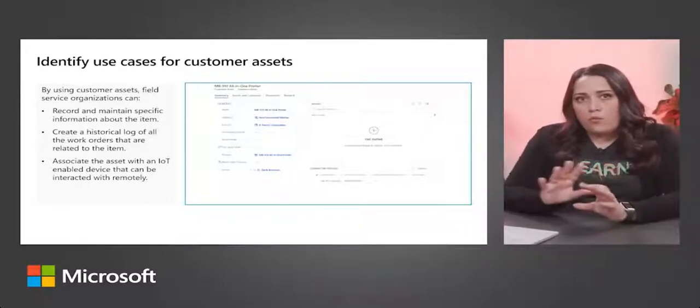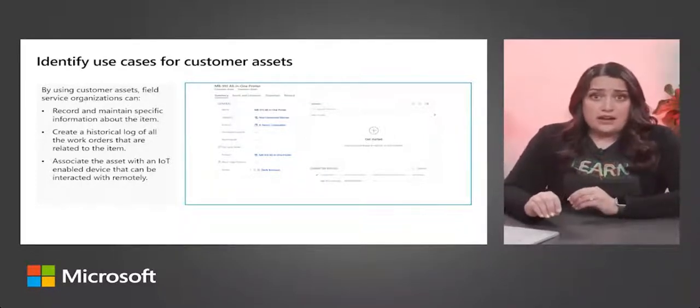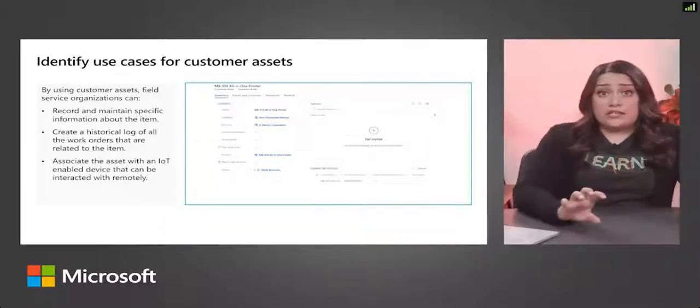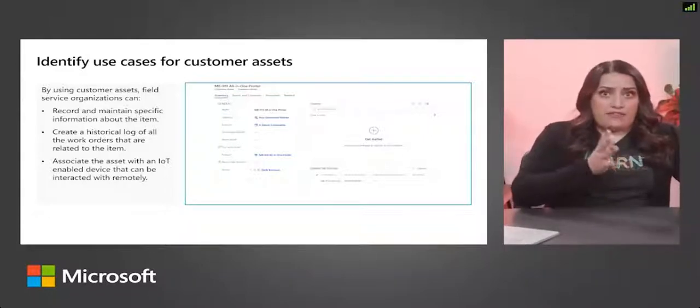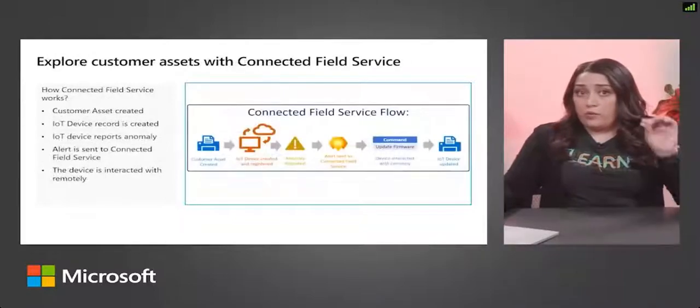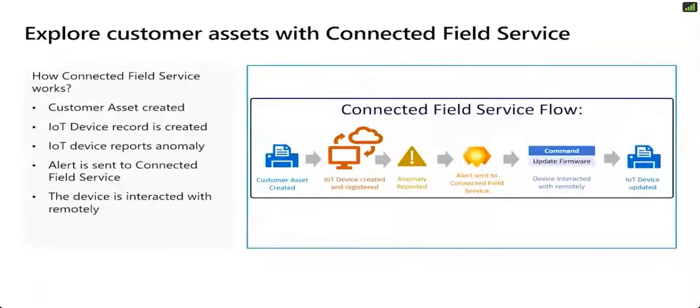In a moment, though, I want to show you how easy it is to create a customer asset, but I want to discuss how you can keep track of all of your customer assets without necessarily having to be on site with it. And so that's where Connected Field Service allows your organization to transform the way that they provide service.